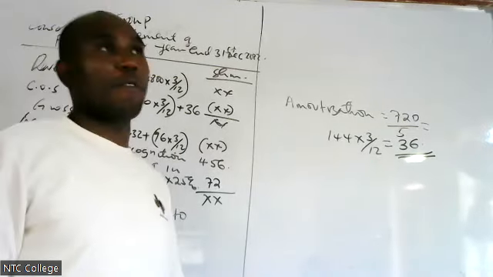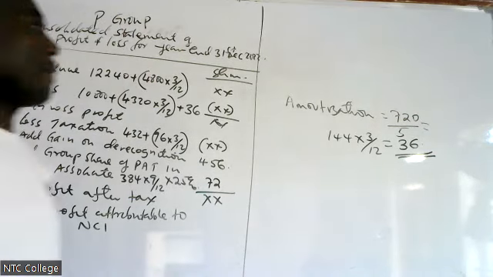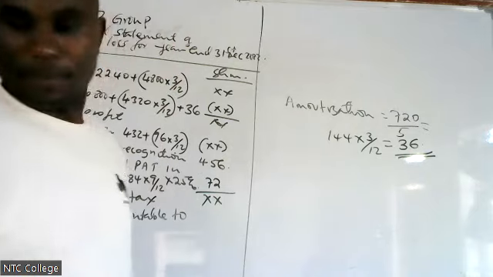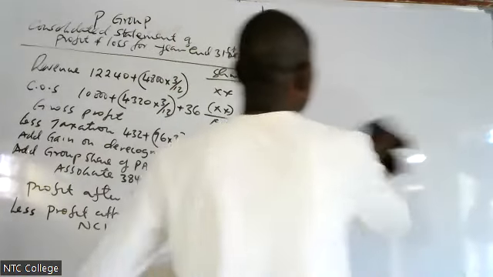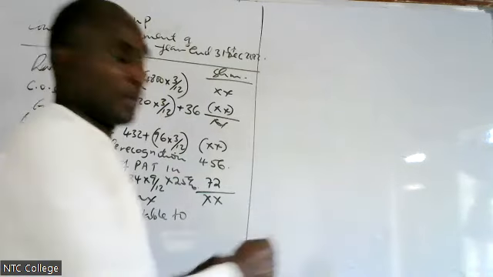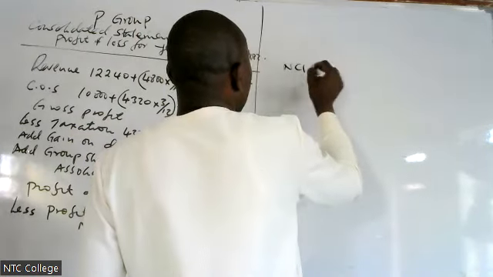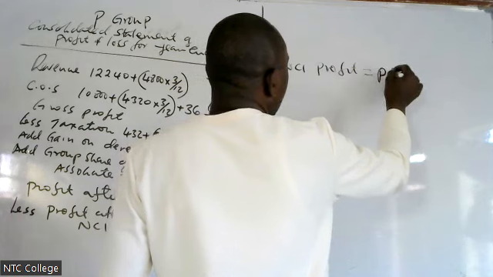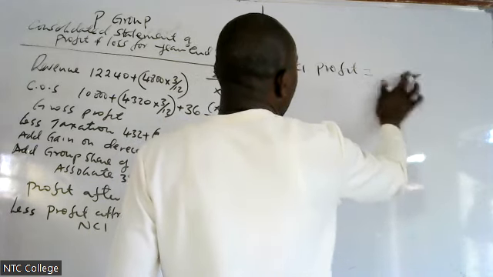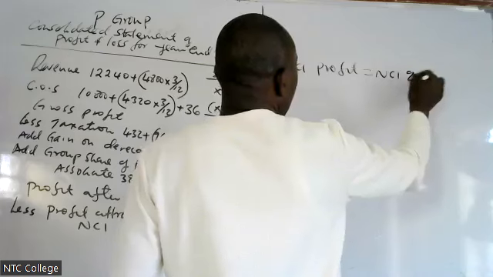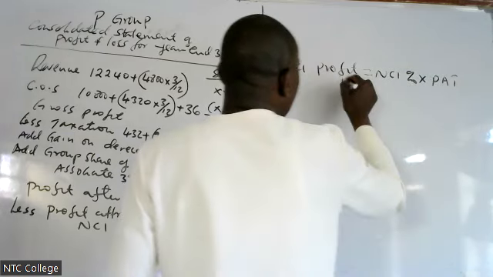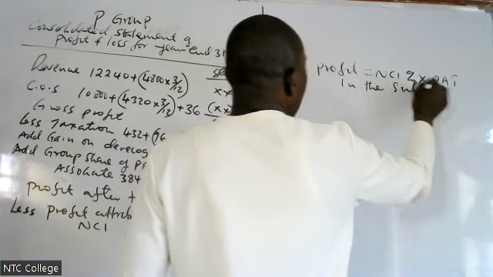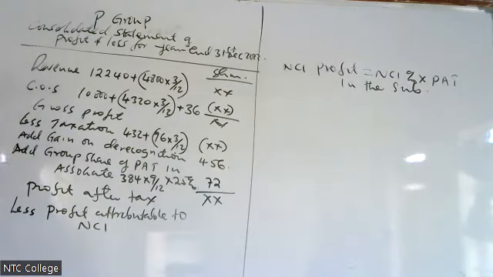How am I going to get profit attributable to NCI? Remember, profit for the year. NCI profit equals NCI percentage times adjusted profit after tax in the subsidiary.